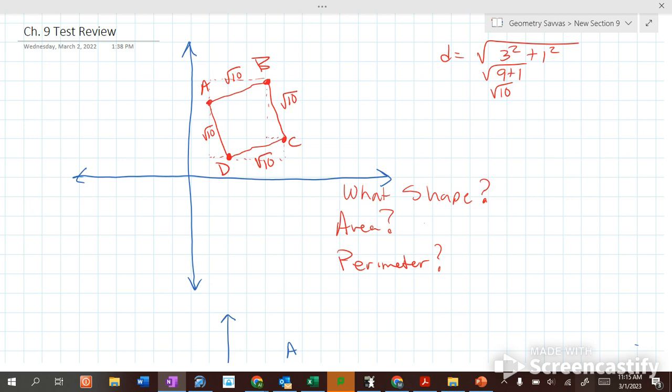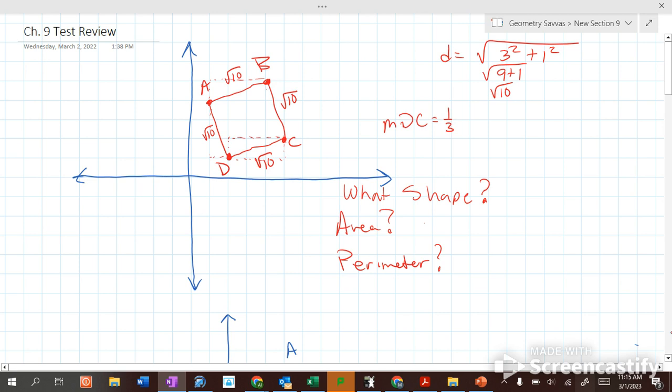But it also could be a square if the angles are right angles. To figure out if the angles are right angles or not, we have to look at the slope of the line. The slope from D to C is up 1 to the right 3.